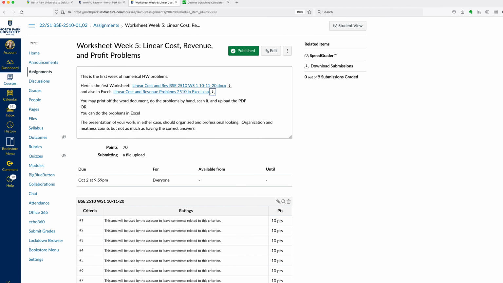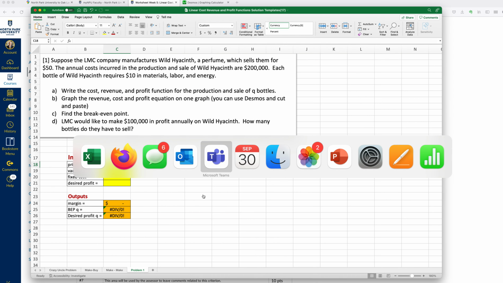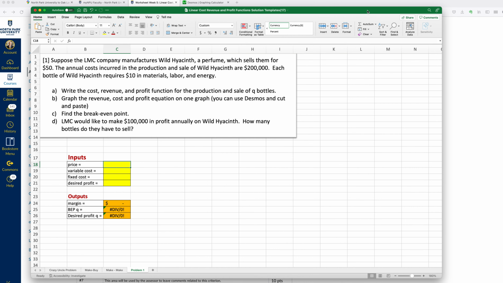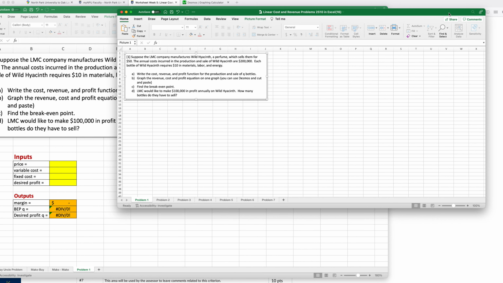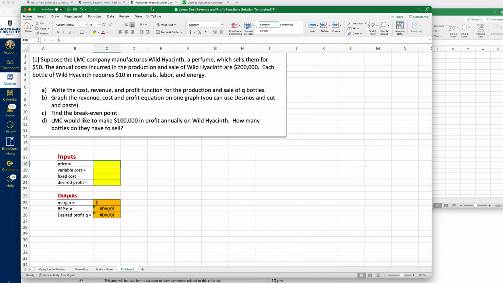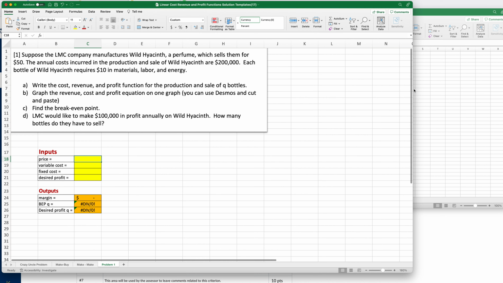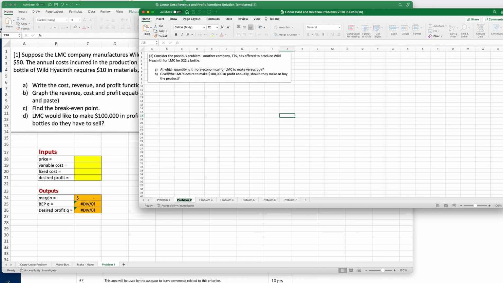What's the second problem? Oops, let's go here. Let me put this where I can see it more easily. Okay. Put that there. The second problem, I can just copy it.